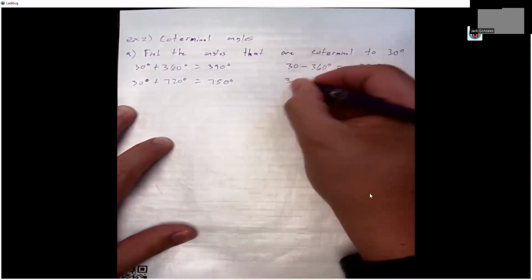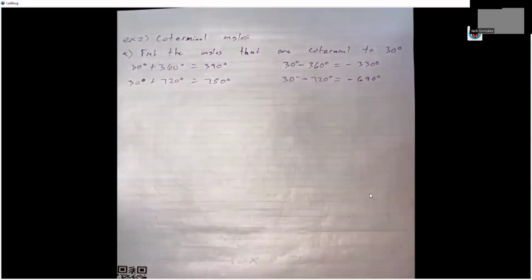All these angles would be coterminal to 30 degrees. That's what coterminal means. So they say in the book or in the homework, just find another one that's the same location. Does that make sense?